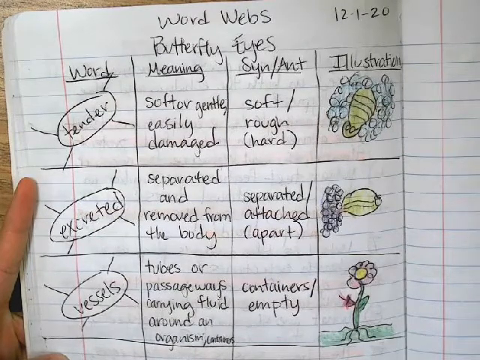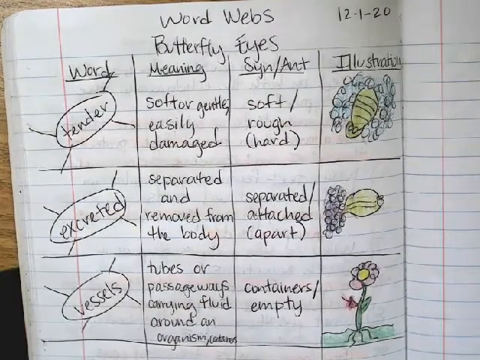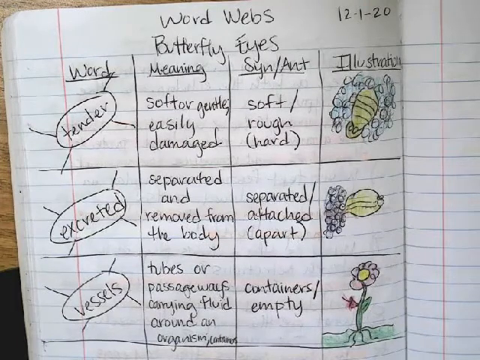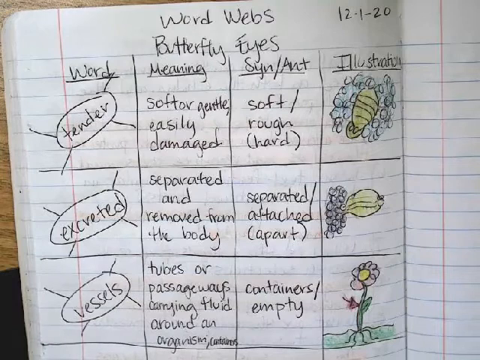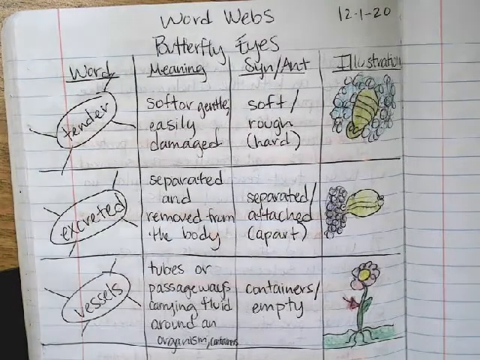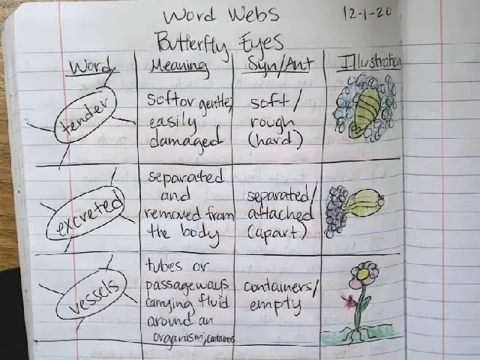We did 3 today: tender, excreted, and vessels. Make sure you write the meaning, synonym and antonym, and the illustration. So that was for reading. Tomorrow we'll continue that and we'll start writing our STAAR stem questions.